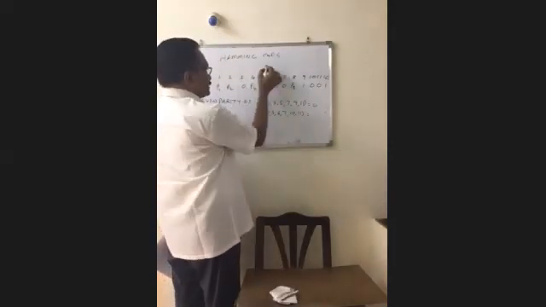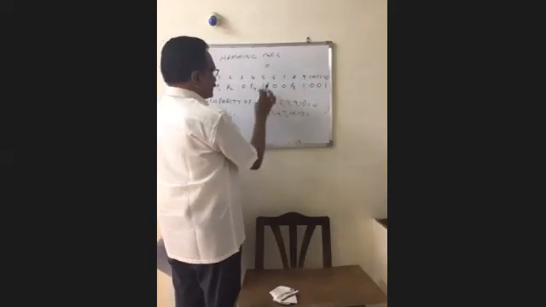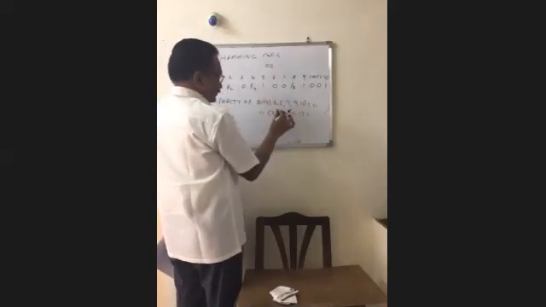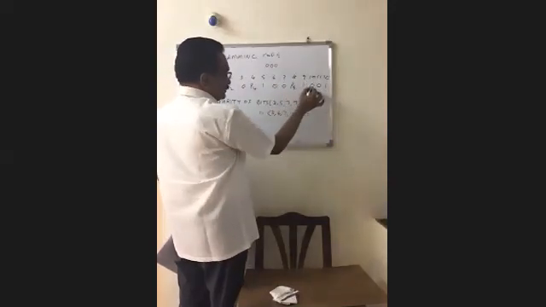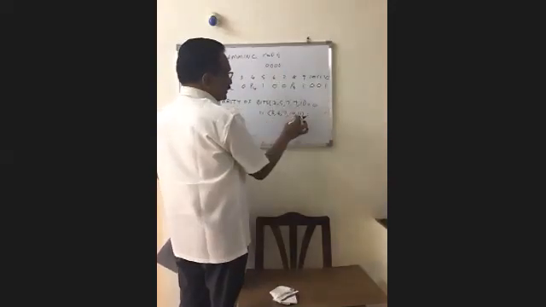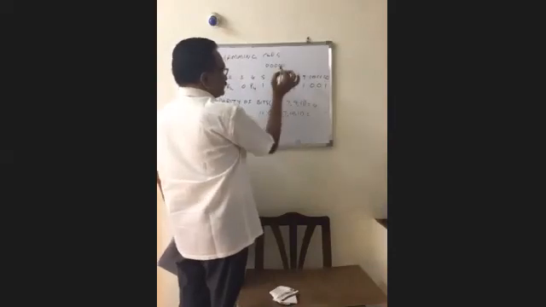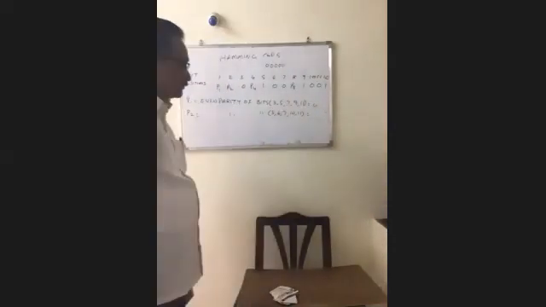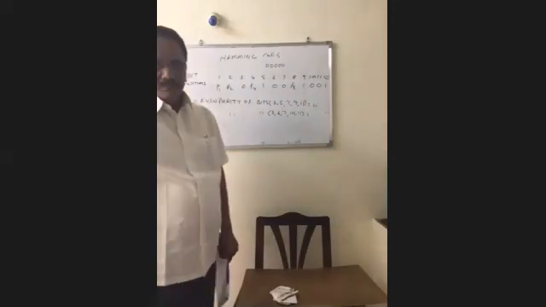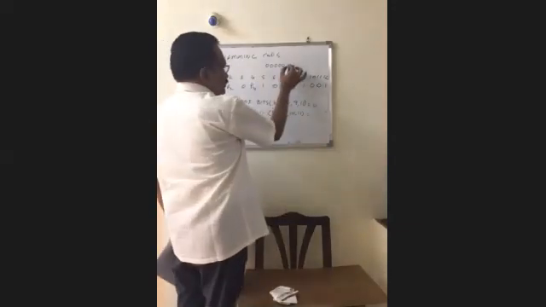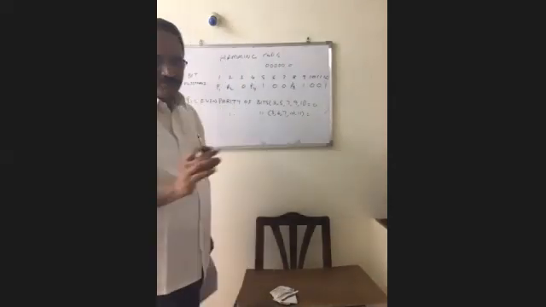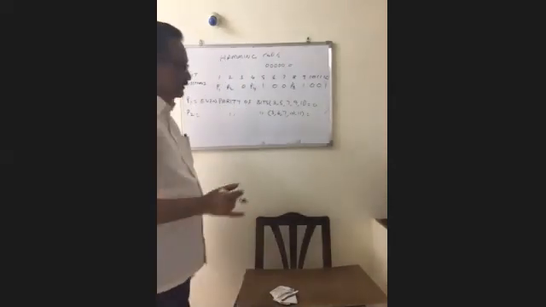Bit 3 is 0, bit 6 is 0, bit 7 is 0, bit 10 is 0, bit 11 is 0. So all are zeros, no doubt in that one. Even parity bit is also equal to 0, so the total number of ones is an even number.